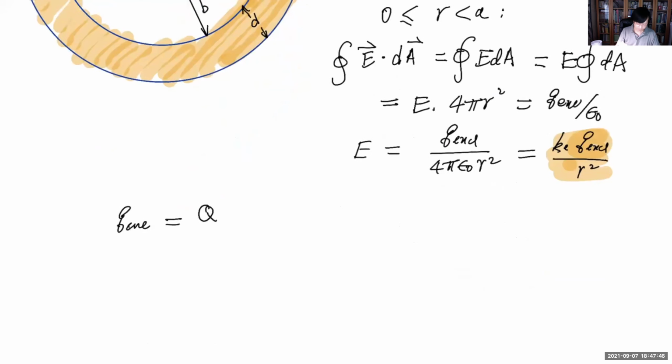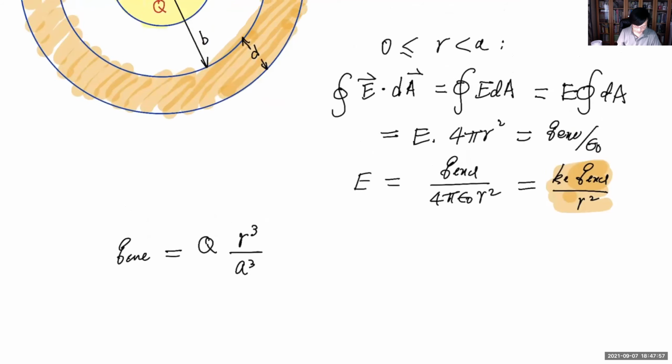We know it's proportional to volume, right? Charge is proportional to volume because the charge density is the same. So I would write r to the power 3 divided by a to the power 3. Because the volume is in turn proportional to r, the radius, to the power 3. Right? And if you plug that in, you get E equals K Q over a to the power 3 times r. Right? This is the result that we already saw in our video lecture.